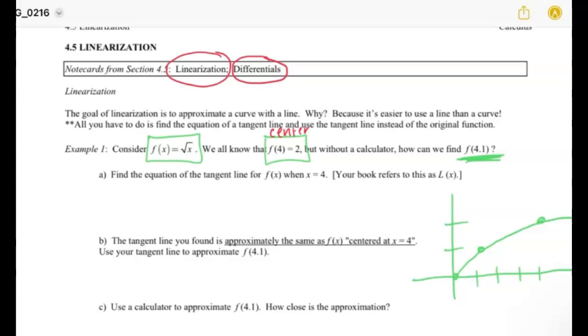Whenever we approximate, we use our center point. That's a known point, but we want to know what's happening at 4.1, right next to it. If we want to use our known point to estimate our unknown point, but it's really close to it, we could use our tangent line.